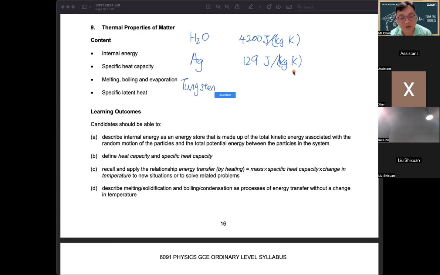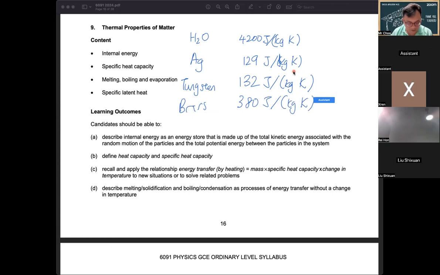Tungsten, you all know what's the short form? W, right? Tungsten, 132 joule per kilogram Kelvin. Brass, 380 joule per kilogram Kelvin. And so on.